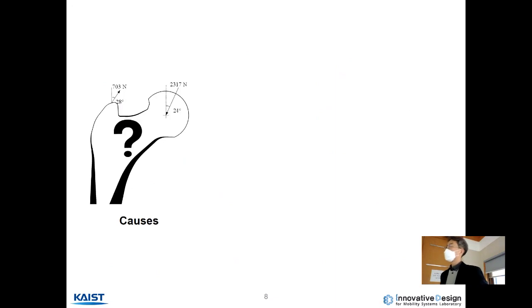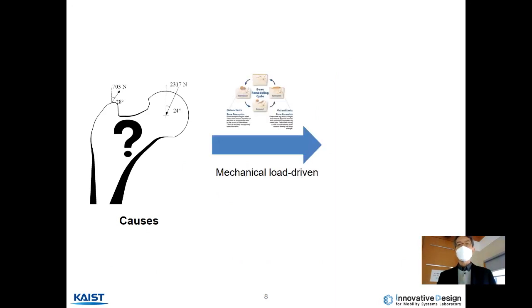This phenomenon can be interpreted simply like this. If we have the target bone and a specific surrounding mechanical condition, definitely the hip joint contact force and muscle force in these cases, then under this mechanical boundary condition, we have bone remodeling induced by mechanical load.